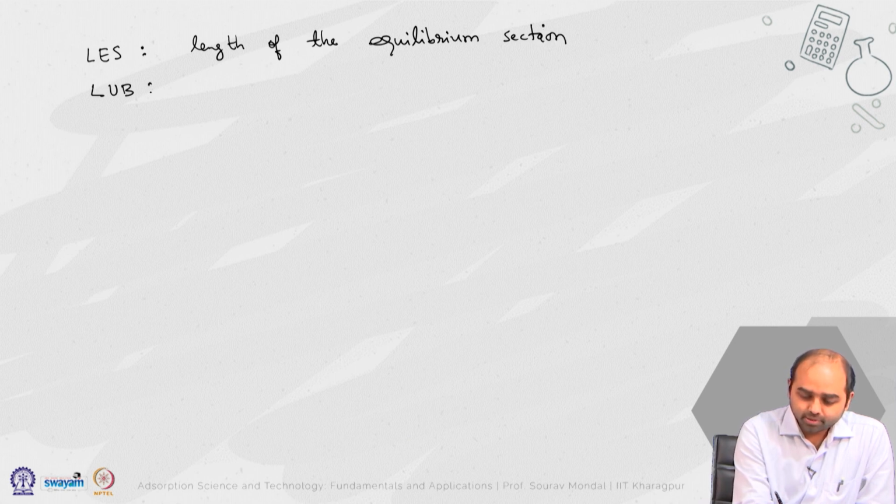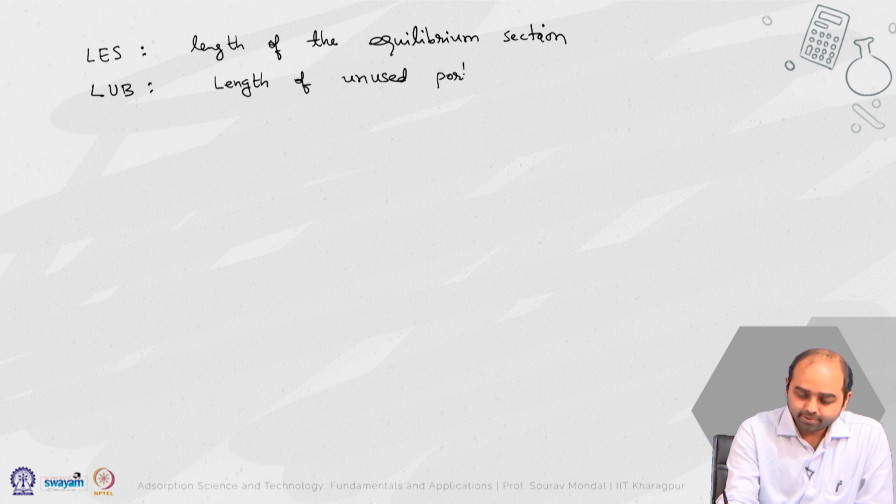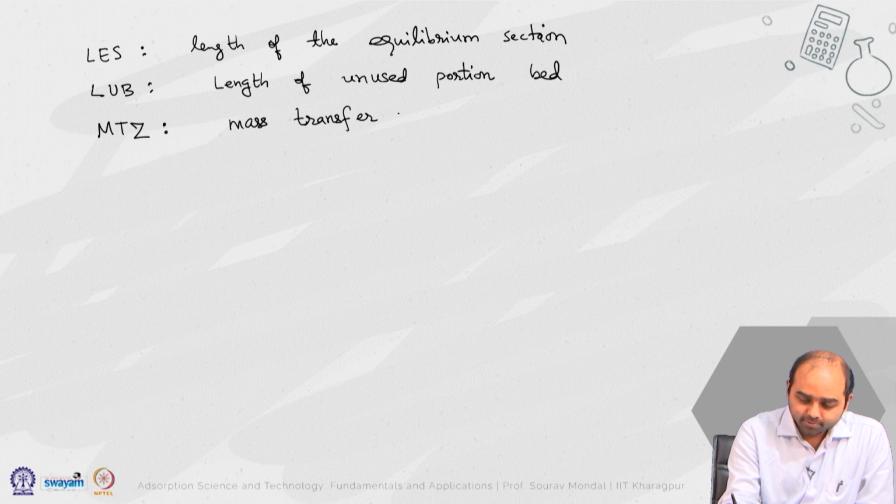LUB stands for the length of unused portion of the bed. MTZ represents the mass transfer zone here.